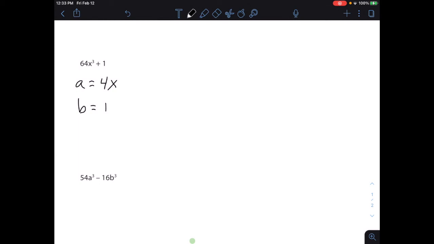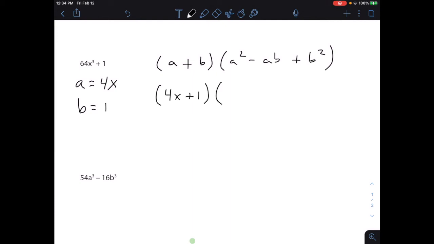And then let's just think about our general form, A, B, A squared, AB, B squared. See the pattern? Okay, SOAP, same, opposite, always positive. Now let's just plug stuff in. So we have 4x plus 1. Now this is where it gets a little tricky.